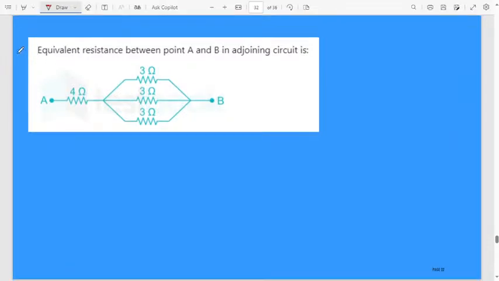This type of problem they will ask: find the equivalent resistance between the points A and B. I will solve two problems. In resistance they will not ask in detail, they will ask you to find the sum, or when you connect resistors in series or in parallel they will ask the equivalent resistance.